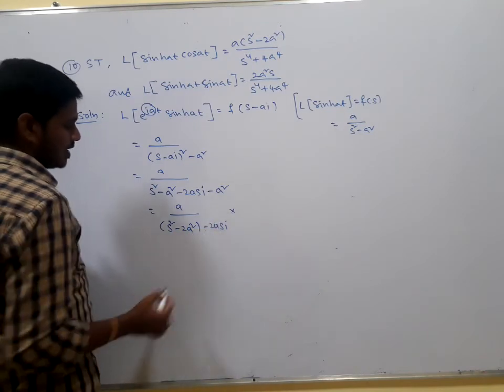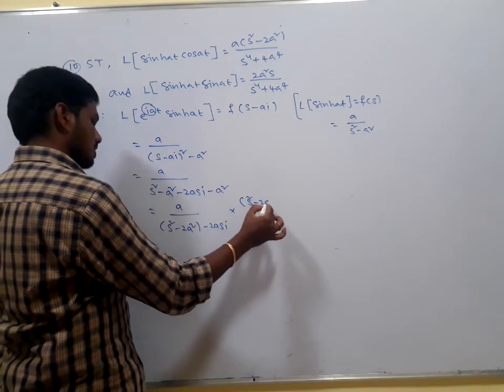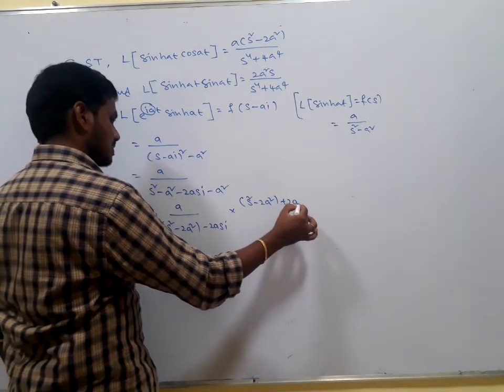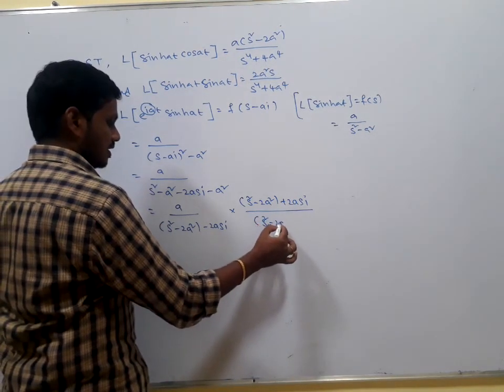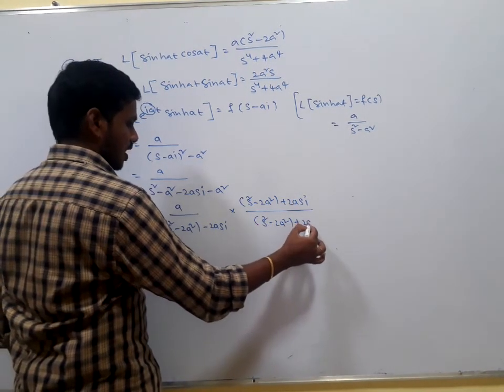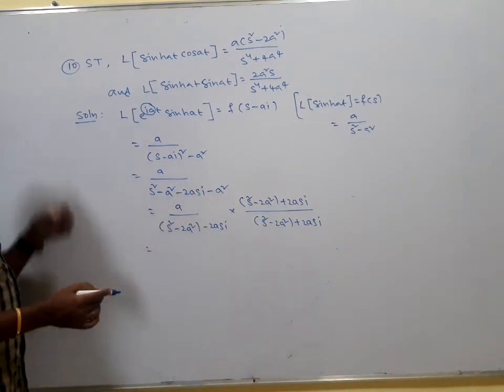I am going to rationalize the term: (s² − 2a² + 2asi) divided by (s² − 2a² + 2asi), right, you will get the imaginary and real part separately.